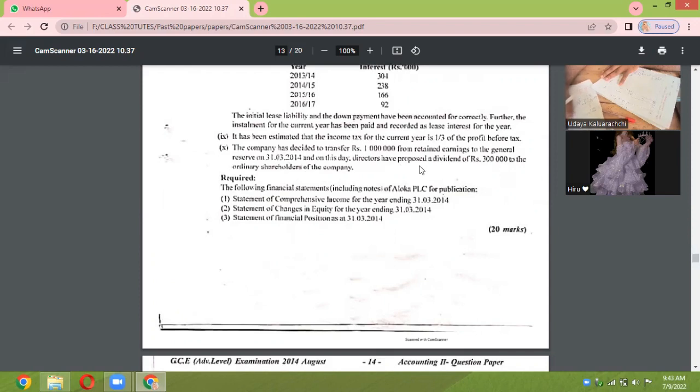So you have to prepare a note for this dividend, proposed dividend. So first of all, you have to transfer 1000 from retained earnings to the general reserve.